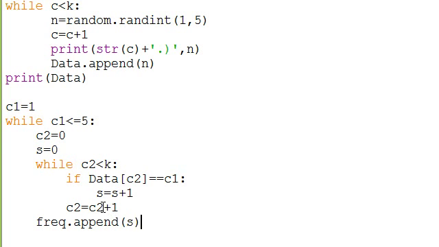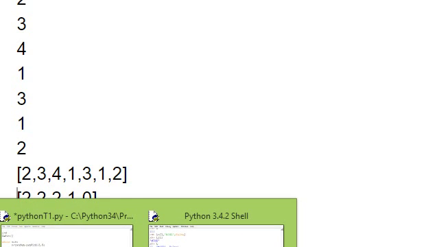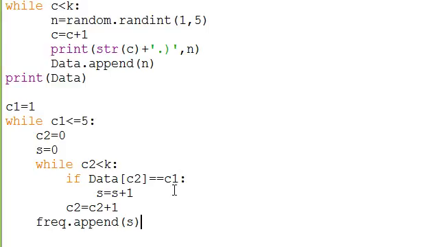It's going to say, okay, 1 occurred twice, so S is going to be 2 here, and it's going to append that 2 to the frequency distribution. Append means it's just going to push it in there, starting from the end. Since nothing else is in there, it's going to go right here to this position. Okay, just take my word for it.